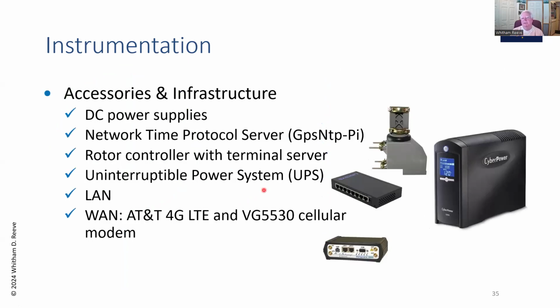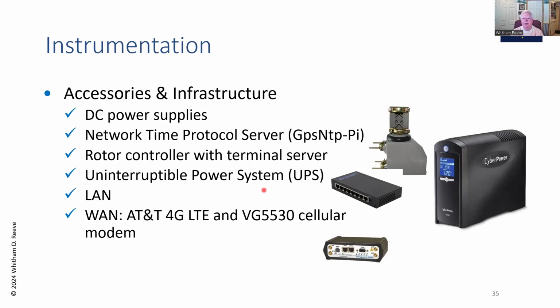Now, these receivers and antennas are all really handy to have, of course, but nothing works unless you have some infrastructure to support it. So you have to have DC power supplies. I use network time protocol servers to keep the PC time really accurate. I use rotators to point the antennas. I have UPS to attempt to protect the rural system in Coho from power transients and outages and so on.